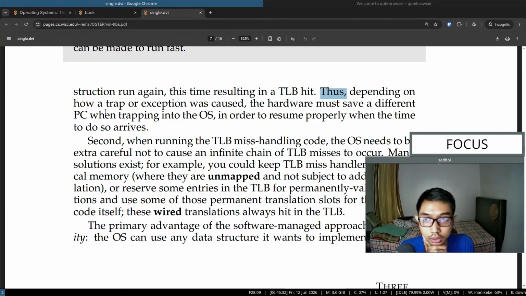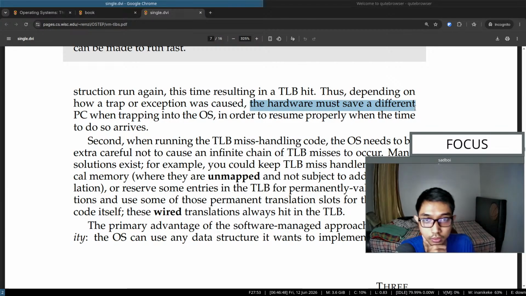Thus, depending on how a trap or exception was caused, the hardware must save a different program counter. I assume PC here means program counter.